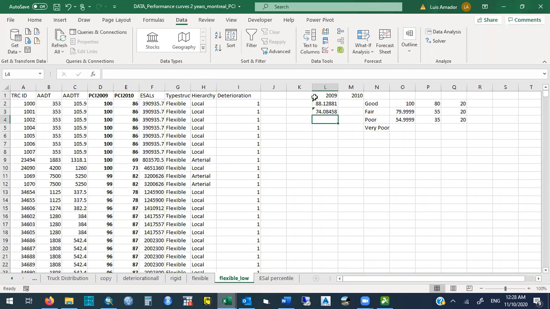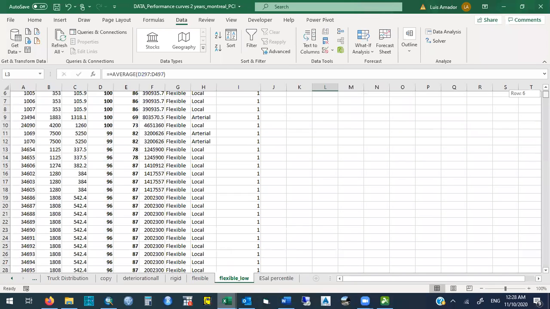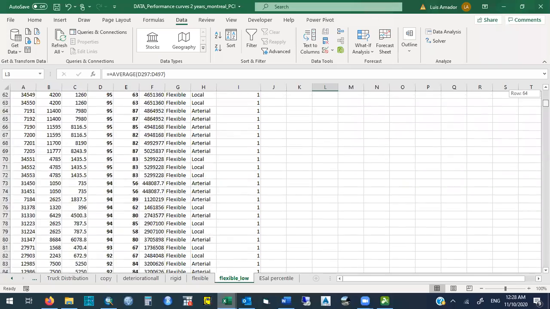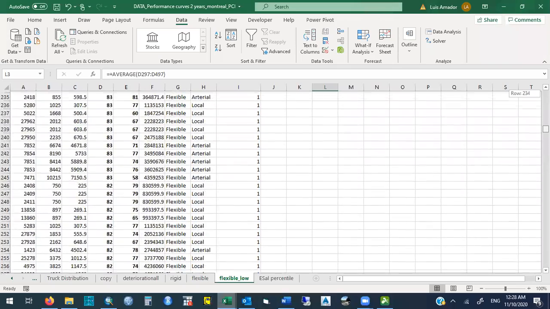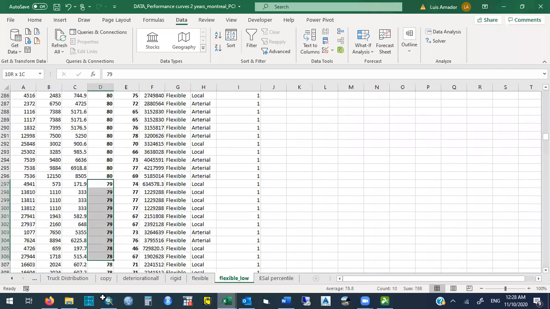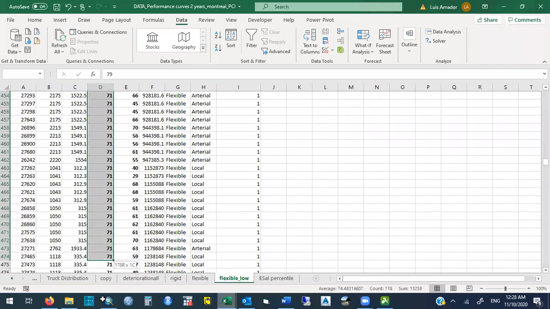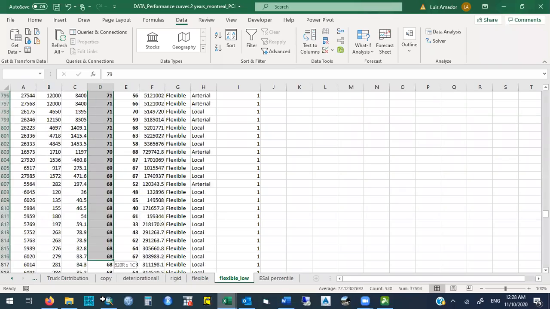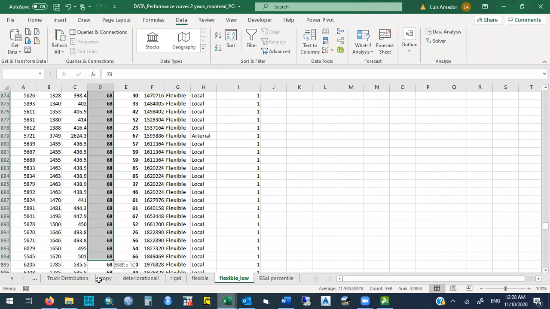I don't know where. Let's see. What is the 55 to 80? 55 to 80. 279 here. So it's 297 and then 55. Excuse me, it should be 59 if you consider 24.